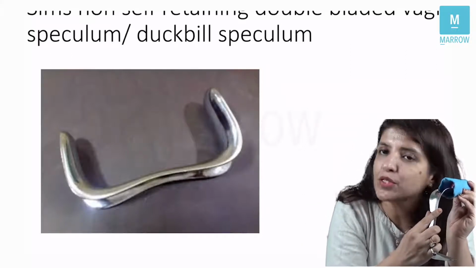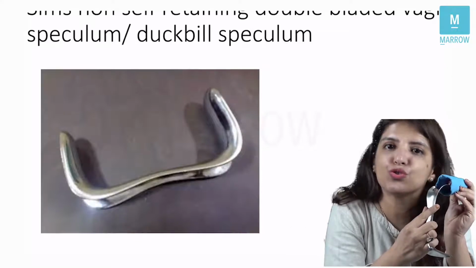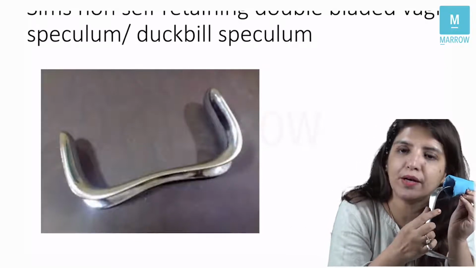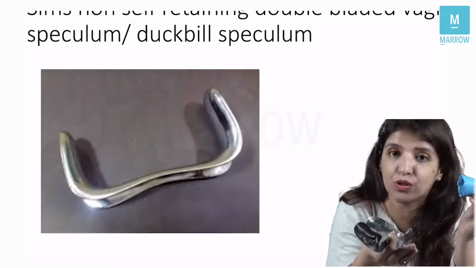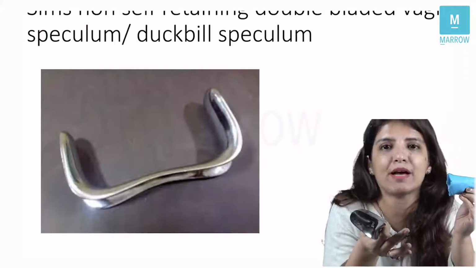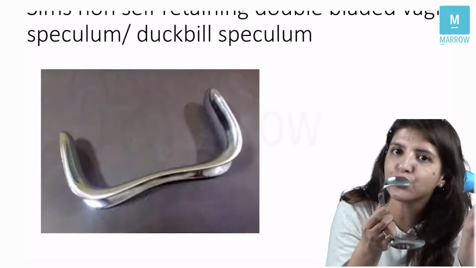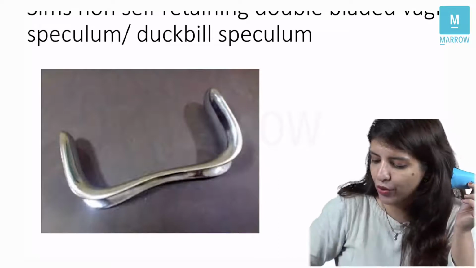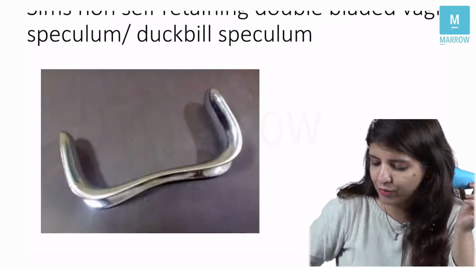So, this Sims speculum, where is it used? It is used whenever you have to examine the cervix. For any reason, if you have to examine the cervix, you will have to retract the posterior vaginal wall and you are going to use this Sims speculum there.